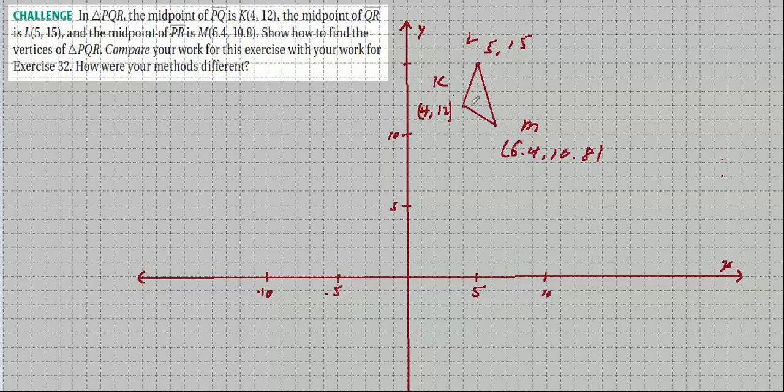If these 2 points are mid-segments to 2 sides of the triangle, this mid-segment must be parallel to the other side, and this remaining point must be a midpoint for the other side. So one thing we can do is draw a line that's parallel to this line and passes through this point.